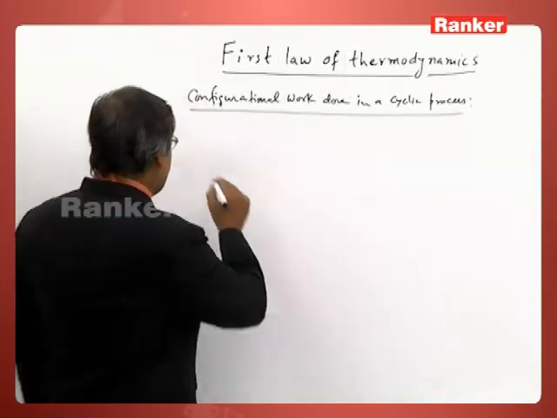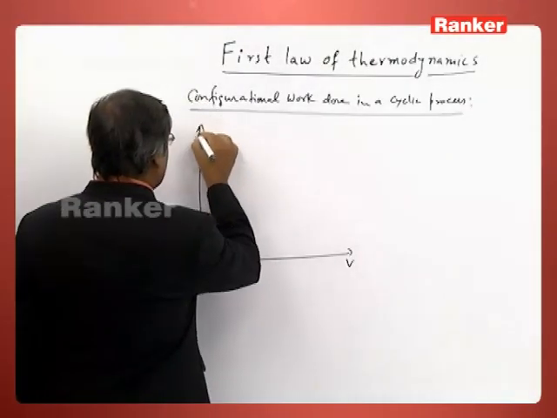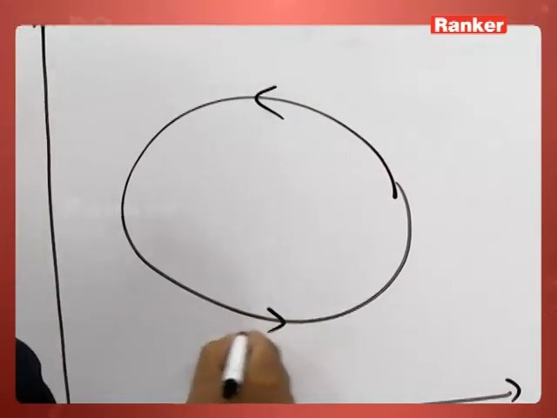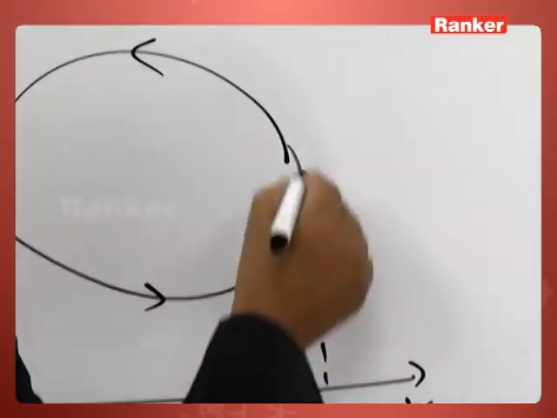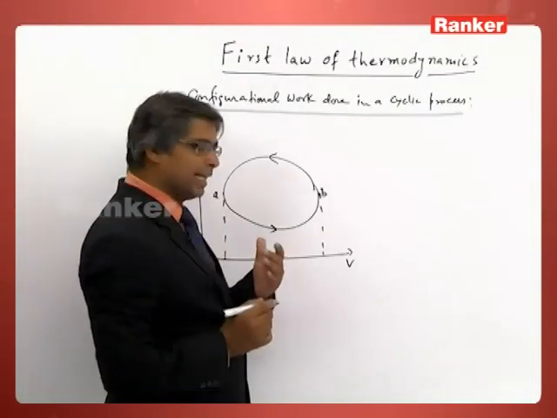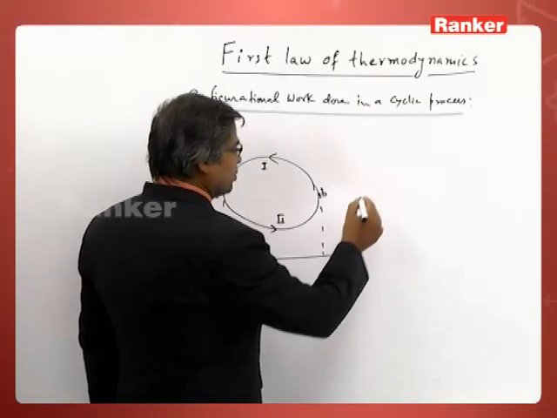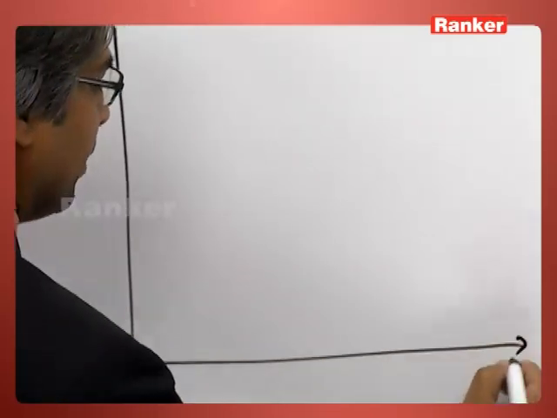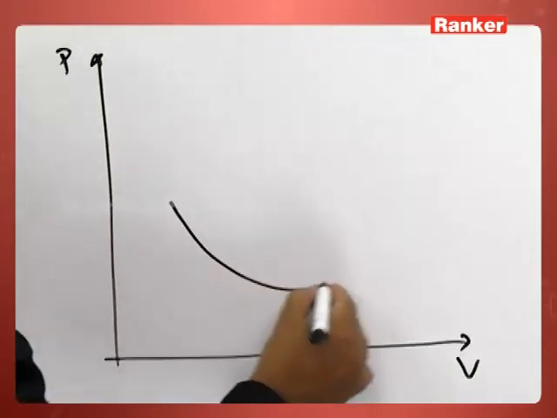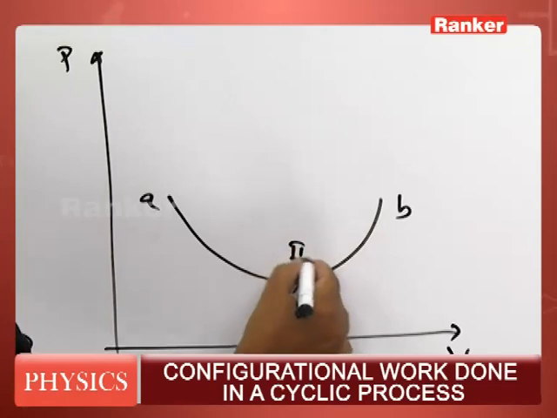Now let us see another cyclic process. This is PV, and this time we have an anti-clockwise process. This is B and this is again A. Let us start again with the same. This is path 1 and this is path 2. This is my PV diagram, and suppose I start from A to B. I am going this way, by path 2.